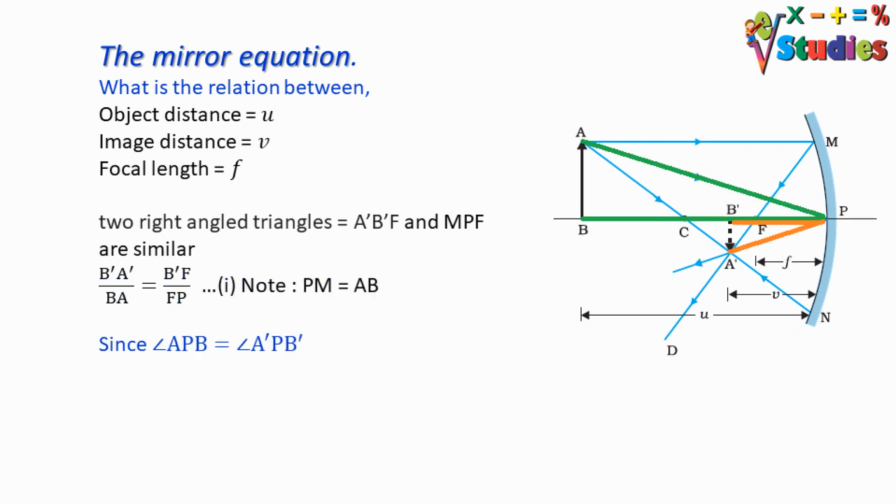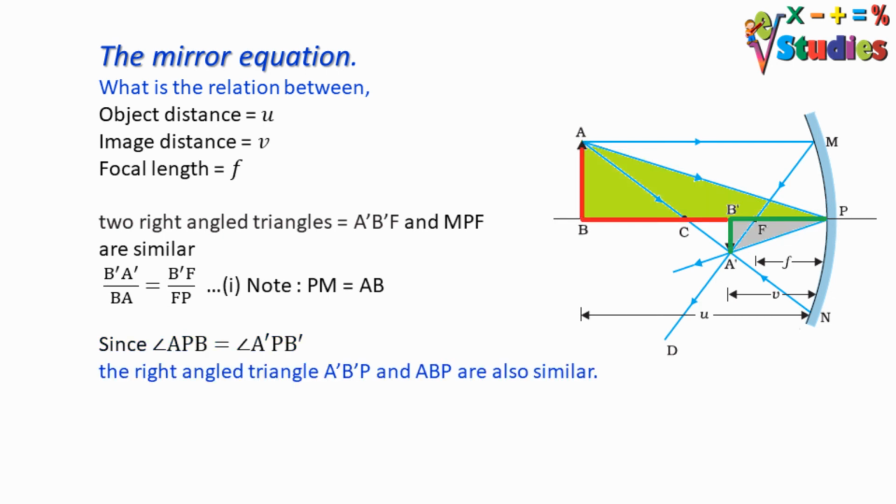Students, I have highlighted angle APB with green color and angle A dash P B dash with red color, and they are equal as they are theta, the angle of incidence and angle of reflection. Since angle APB is equal to angle A dash P B dash, the right angle triangles A dash B dash P and ABP are also similar, which I have highlighted with gray and green color respectively in this slide.